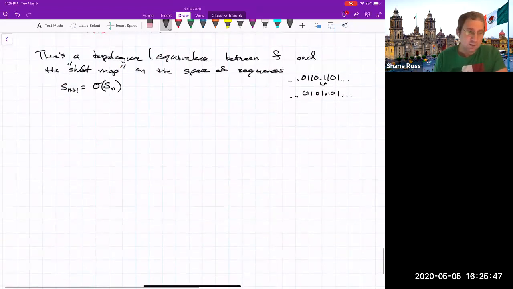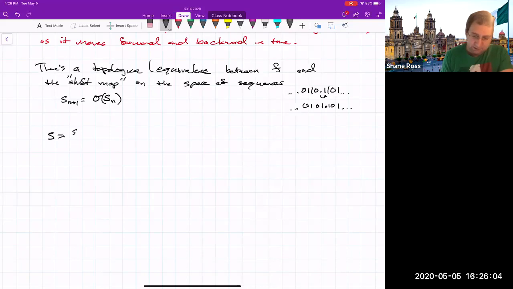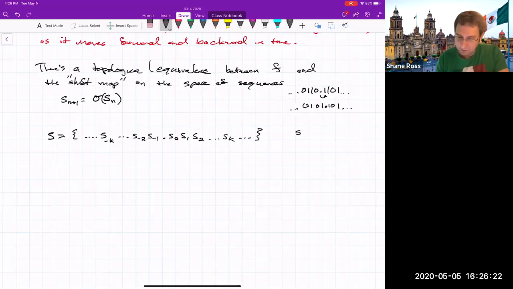So just like we can define closeness of two points in Euclidean space, we can define a notion of closeness for sequences. If I have a sequence, I'll write it as S. A sequence is a sequence of numbers, so I'll write this as S_-K, S_-2, S_-1, S_0, S_1, S_2. Here, each S_i is either 0 or 1.